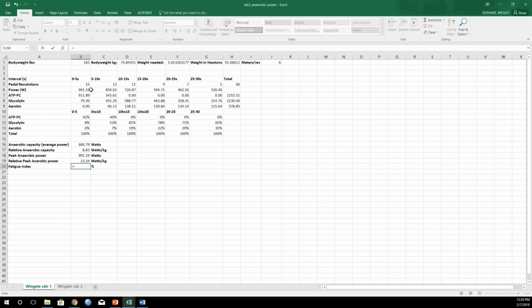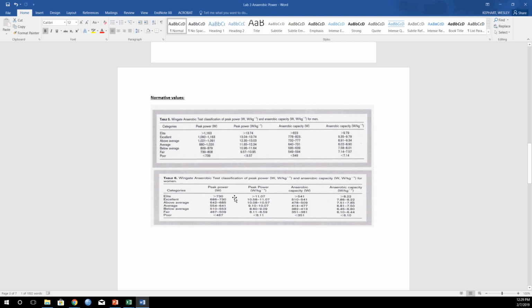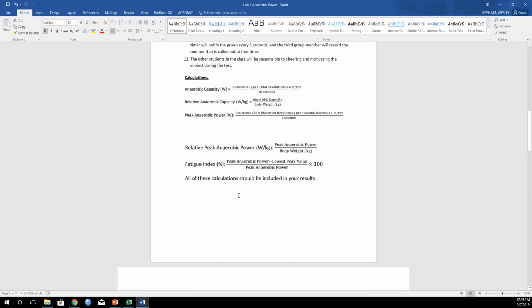Here, let me think about this for just 1 second. I also have the calculation for it right here, if you're wanting to figure out how I'm getting all these calculations. So peak minus lowest peak value, and then divide that by peak anaerobic power, and then multiply it by 100.